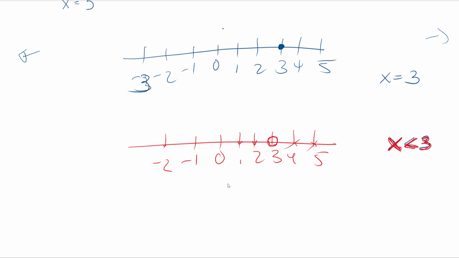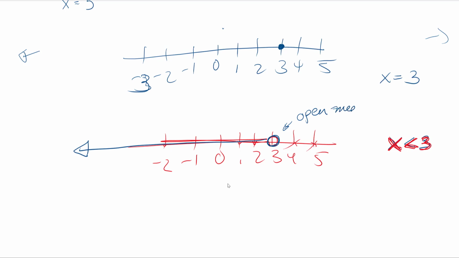And even -2 is. So what we do is, and we'll use now the blue here, we have all the numbers, and we show that it's all the numbers with an arrow, all the numbers that are less than 3. And by using an open or empty circle here, we show that it is not equal.